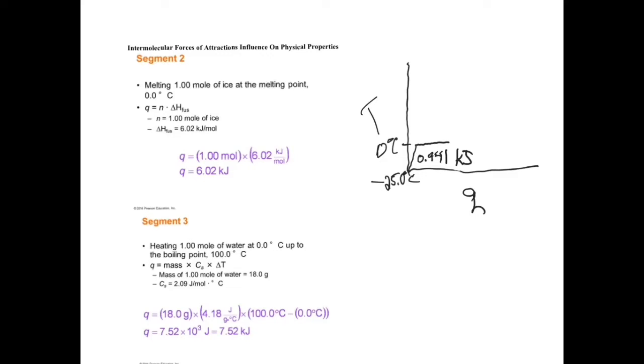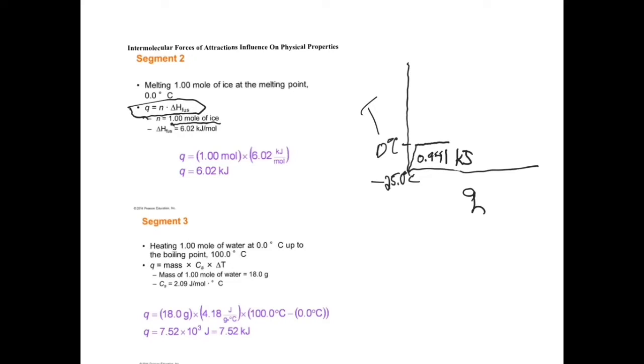Okay, segment 2 is melting. And we want to figure out, how do you melt 1 mole? Well, here we go. You use this relationship. The heat it takes to melt 1 mole is going to be calculated this way. So n is the number of moles, and since we have 1 mole of ice, we're good to go. And delta H of fusion, and fusion is just another word for melting.